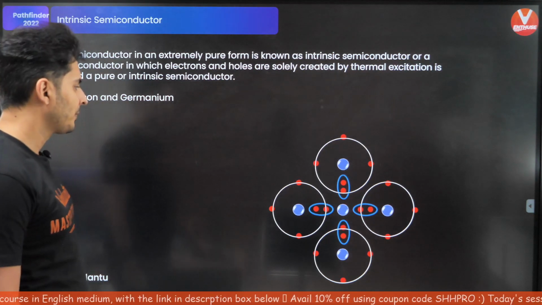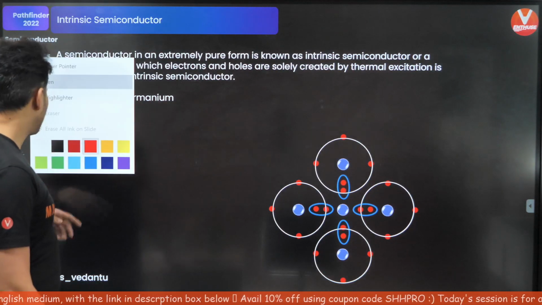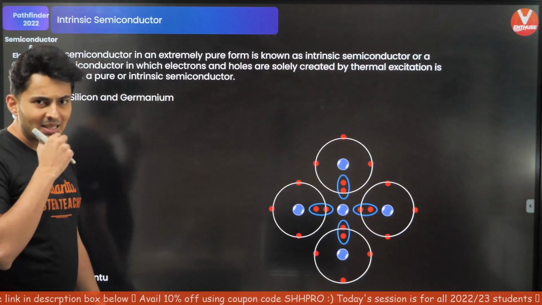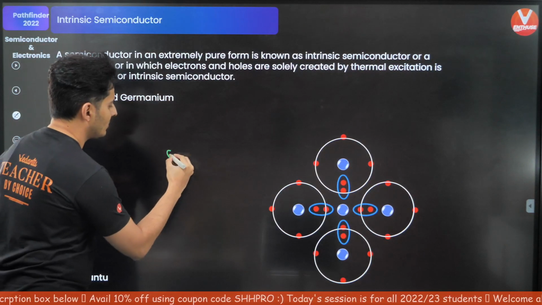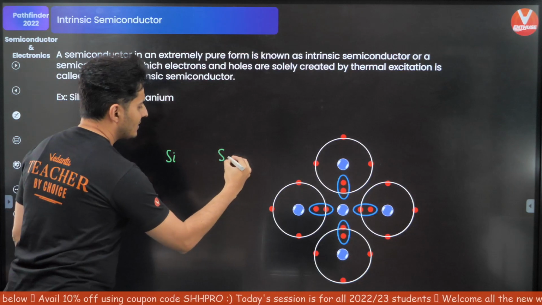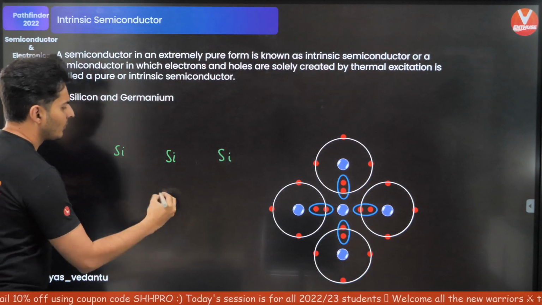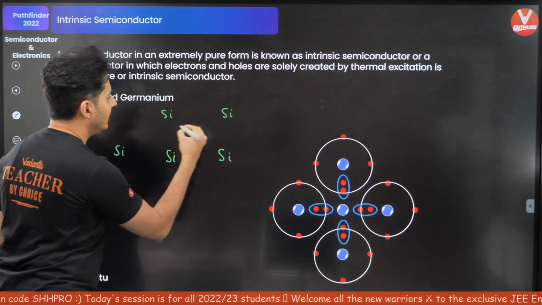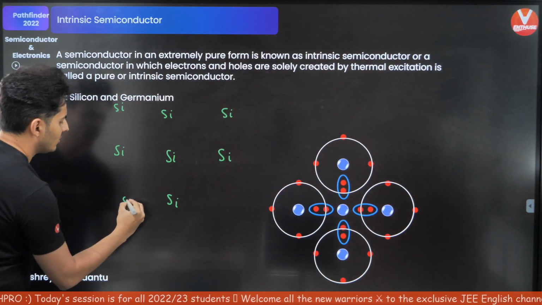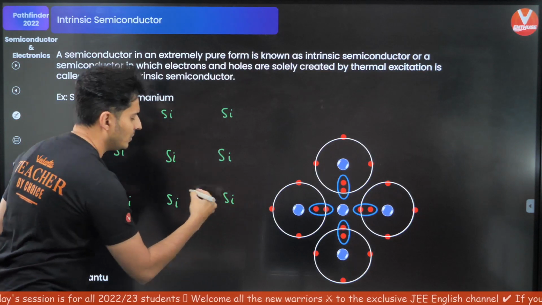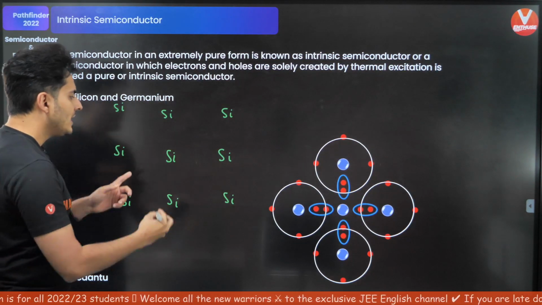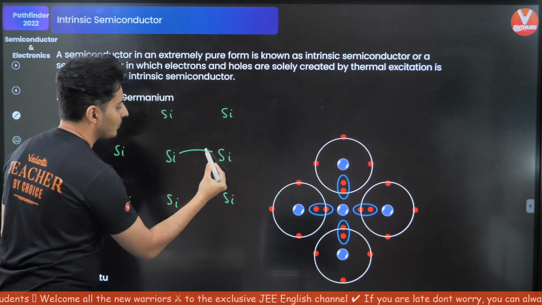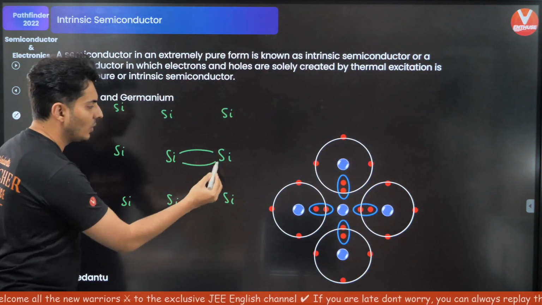Let's talk about it. First of all, let's say you take any kind of semiconductor, for example silicon, and each silicon atom will bind with 4 more silicon atoms in its vicinity, something like this. So these are the silicon, it could be germanium, anything. Each silicon atom will contribute 1 electron, and this will contribute 1 electron.